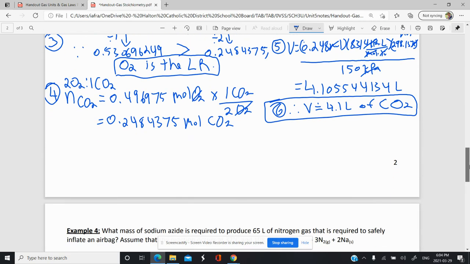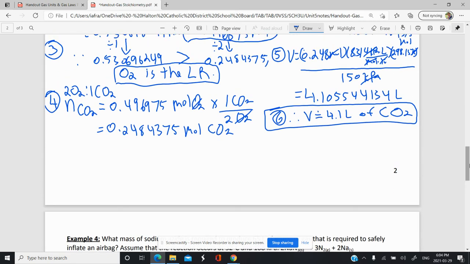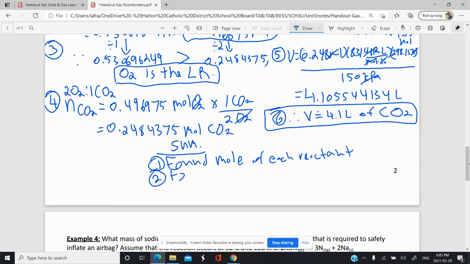So really what we did here, if we were to summarize: one, we found the moles of each reactant. Two, we found the limiting reagent.